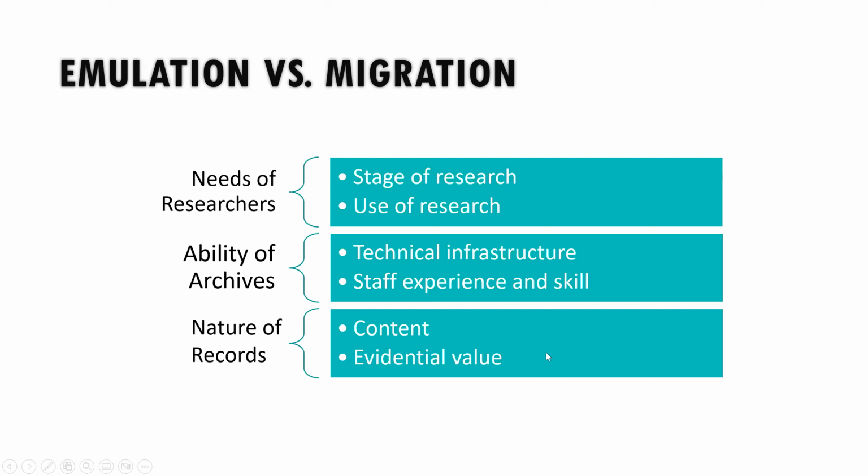In which case you'll probably want something like emulation or copy and provide, again, because of the lack of challenges to a record's authenticity. So these are just some of the considerations that archives might make when they are deciding which preservation strategy to pursue.